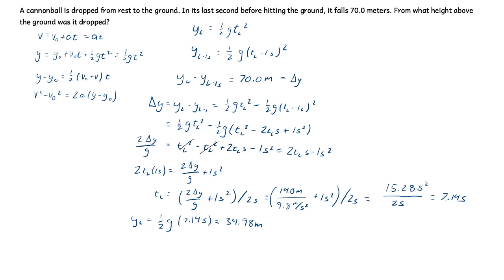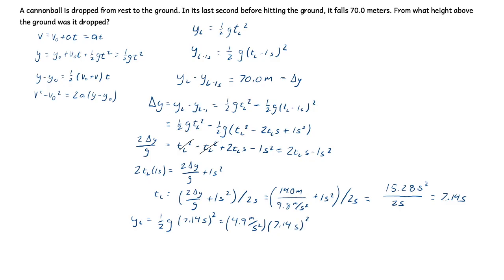So let me be a little more explicit here. So 7.14 seconds, we're going to square that. And let's get all our numbers in here. So that's 4.9 meters per second squared times 7.14 seconds squared.